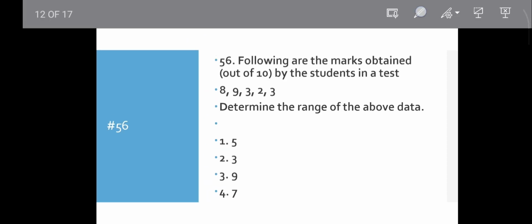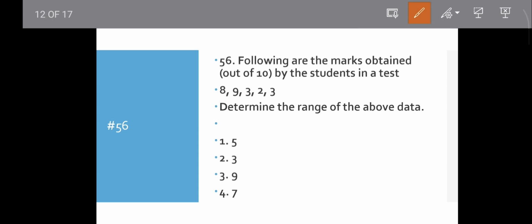Question number 56. Following are the marks obtained out of 10 by the student in a test. Determine the range of the above data. What is the formula of range? First define the highest score, then define the lowest score, and subtract the lowest score from the highest score.